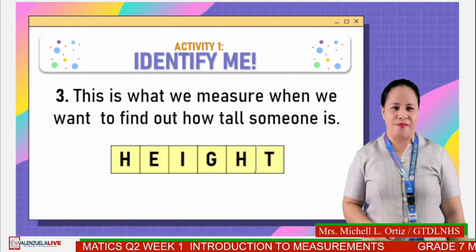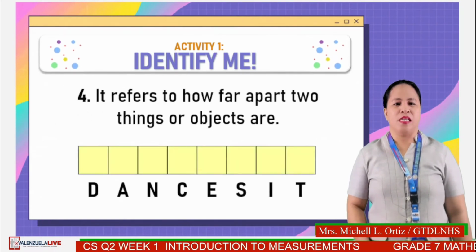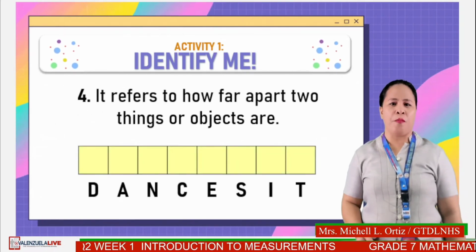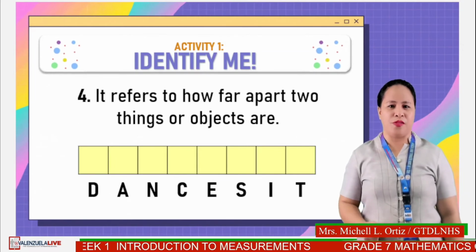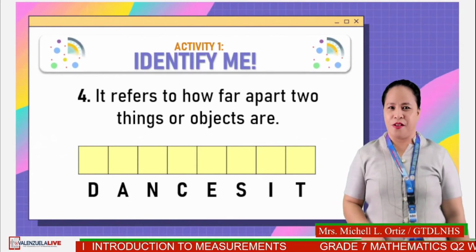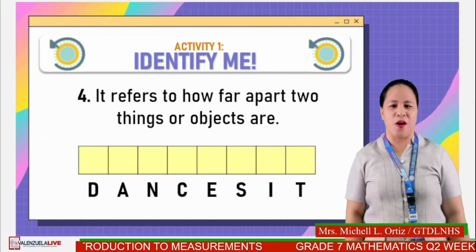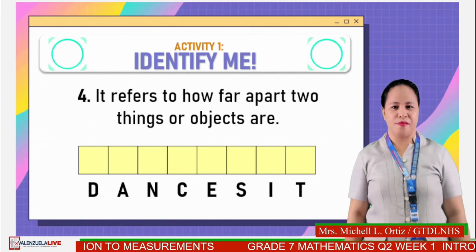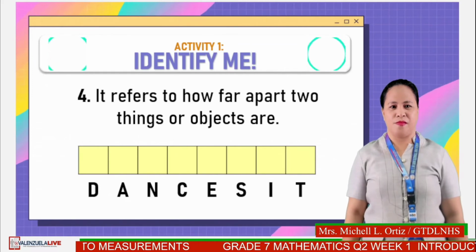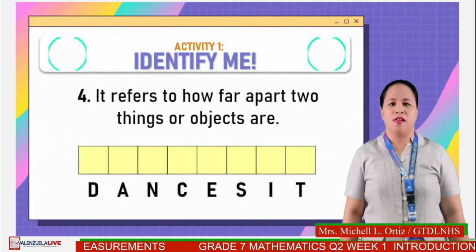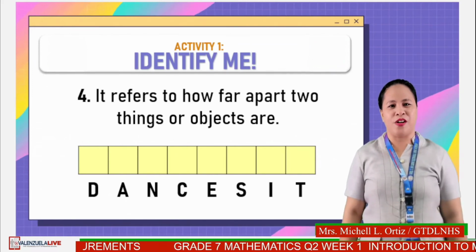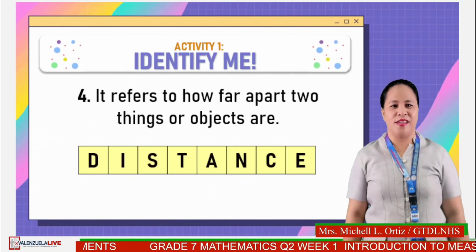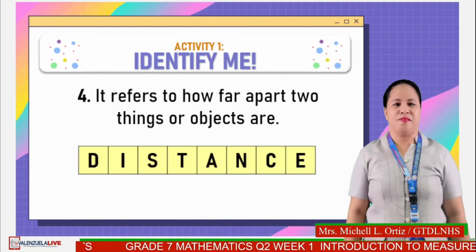Number 4. It refers to how far apart 2 things or objects are. 5 seconds, go! Time's up. The correct answer is distance.